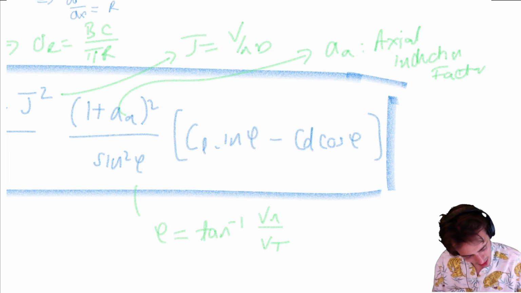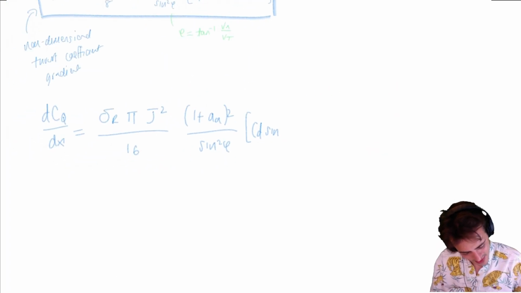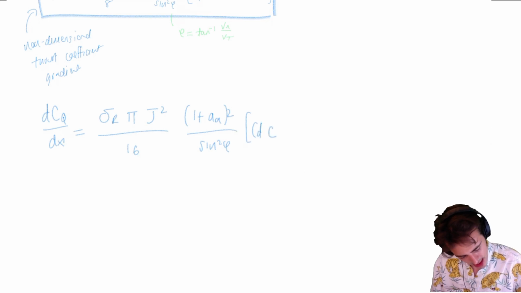The sine and the cosine were switched around up here. Something seemed wrong when I first wrote it. There we go, that's correct now. So this time they've got to be reversed down here. So we've got CD cosine phi plus CL sine phi.